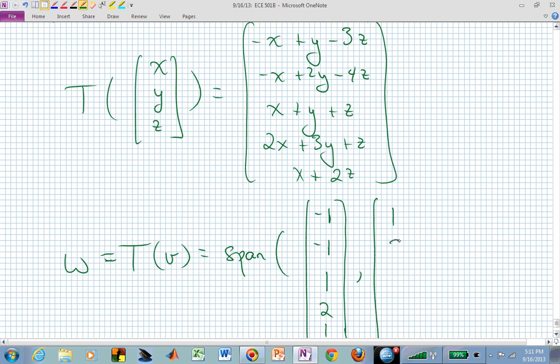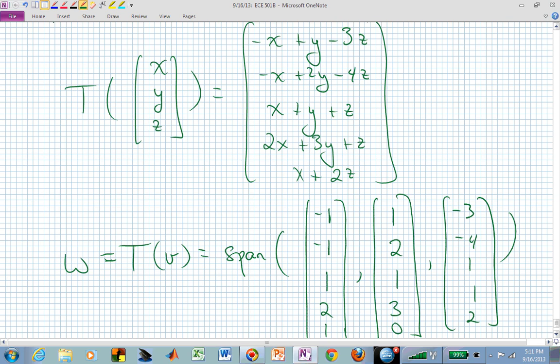You have 1, 2, 1, 3, and 0. And then for z, we have -3, -4, 1, 1, and 2. Does everybody see where those vectors are coming from?